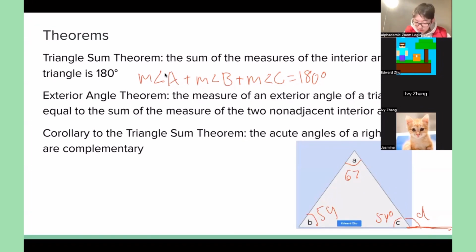So in this case, the measure of angle D would equal 126 degrees.